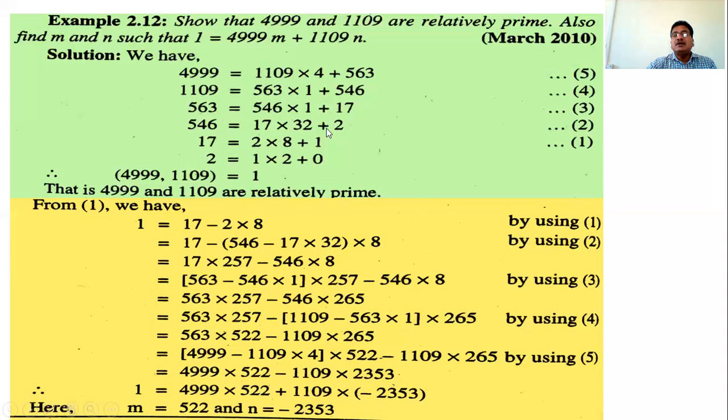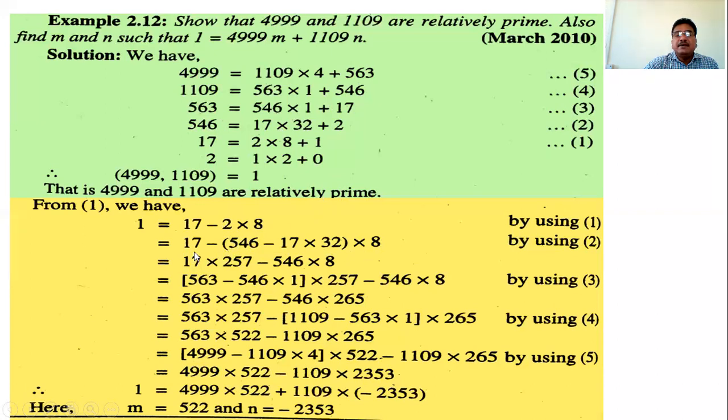Then we use equation number 2, then equation number 3, 4, and 5 successively. So what is the value of 2 from equation number 2? It is 546 minus 17 into 32. So write here the value of 2 as 546 minus 17 into 32, into 8.